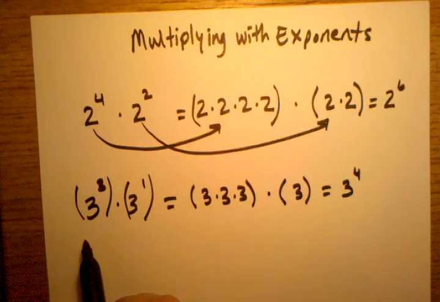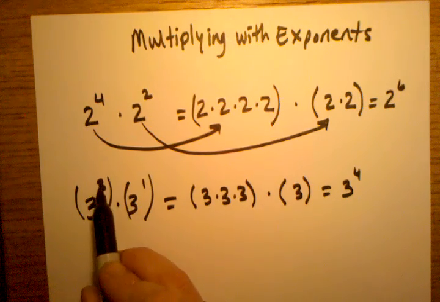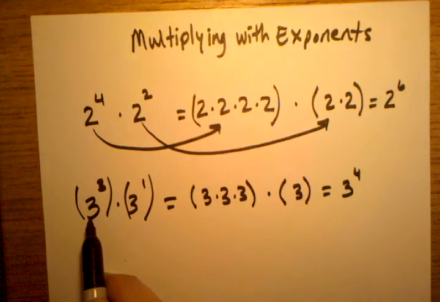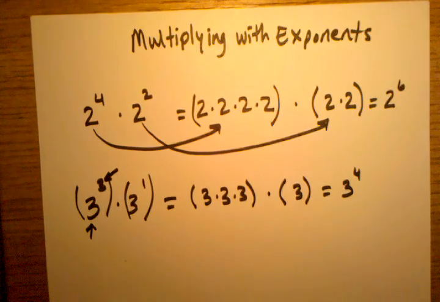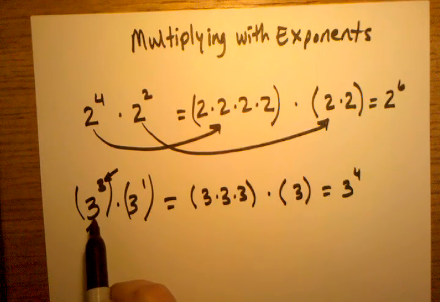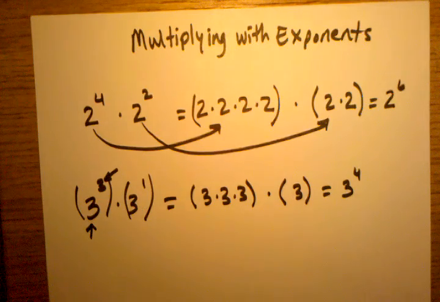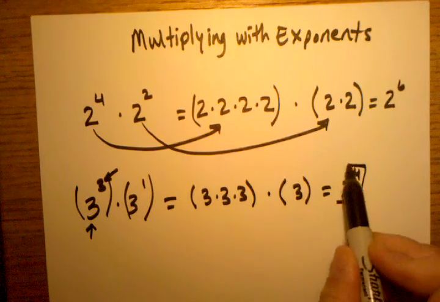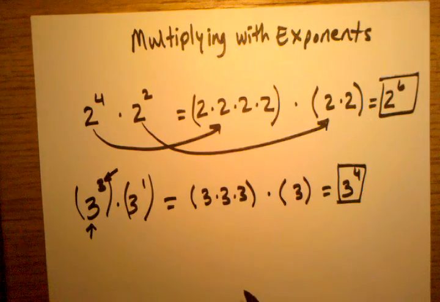We see that if we're going to be multiplying two numbers that are taken to an exponent power, and these two numbers happen to be the same base, we call this number the base and this number the exponent. If we're going to be multiplying numbers of the same base that are taken to exponents, there's a shortcut we can use to figure out what these final answers are, instead of writing all the 3's and all the 2's out.